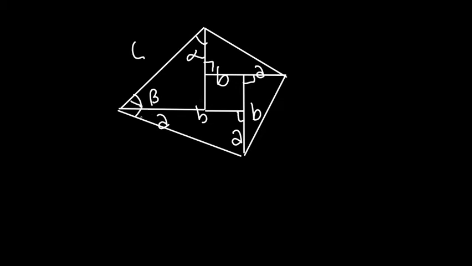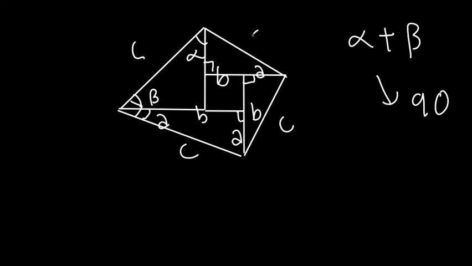We can also note that alpha and beta are complementary, which means they add up to 90 degrees. So this is a right angle, and they all have the value c. That means it has to be a square because all four sides have the same side length.